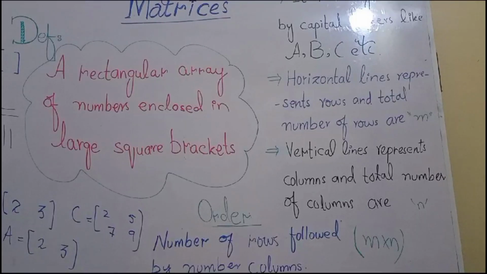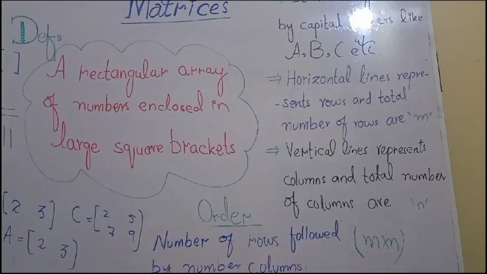So by knowing that small m is the total number of rows and small n is the total number of columns, we can say the order of a matrix. The order of a matrix is the number of rows followed by the number of columns, that is m cross n.